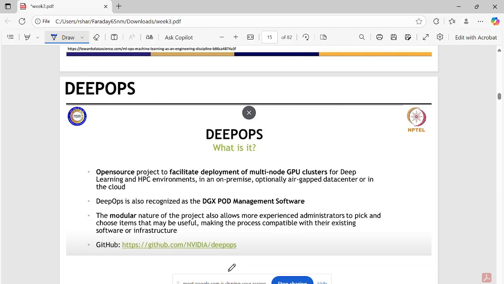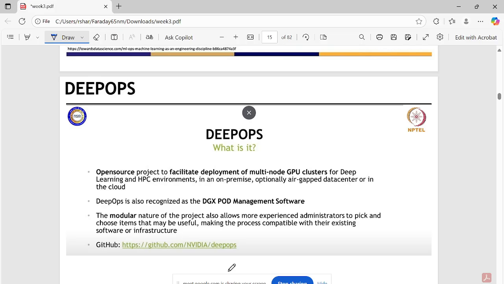DeepOps is an open source project from NVIDIA which facilitates deployment of multi-node GPU clusters for deep learning and HPC environments, in on-premise, air-gapped data centers or in the cloud. So the idea is we can have a physical or on-premise data center or basically the cloud.